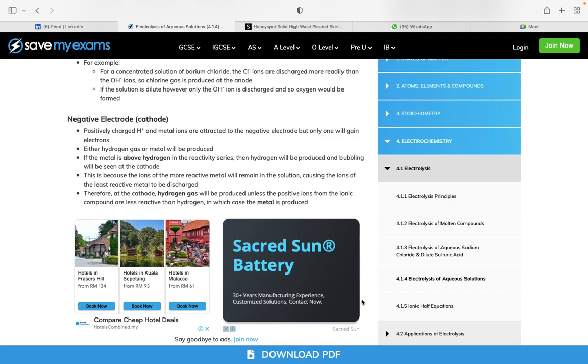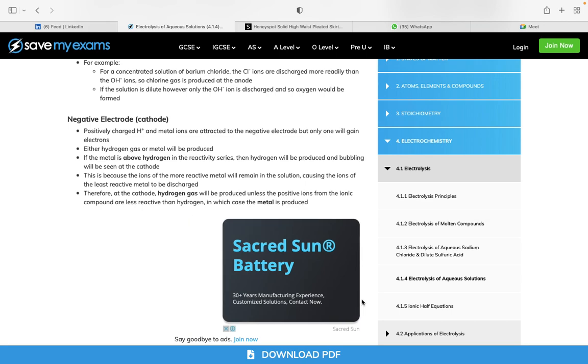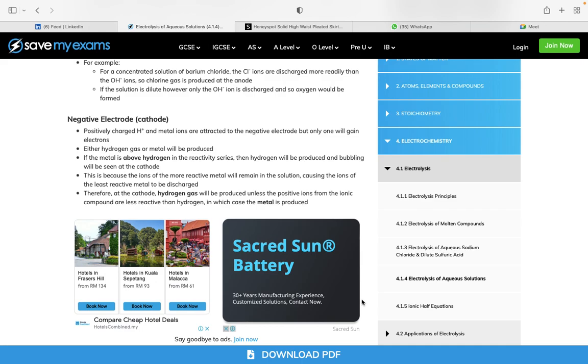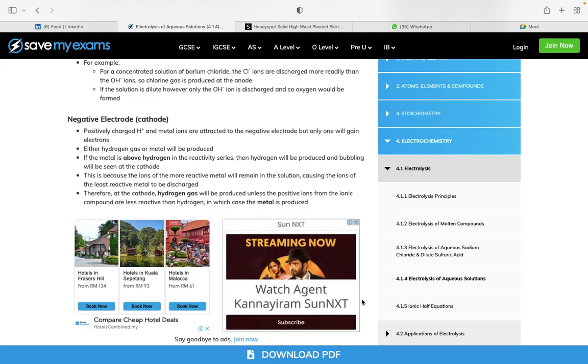The ions that are more reactive will remain in the solution, causing the ions of the least reactive metal to be discharged or to migrate. So metals that are more reactive than hydrogen will remain in the solution, and then they will cause hydrogen to be discharged, to migrate to the cathode. Is that okay?